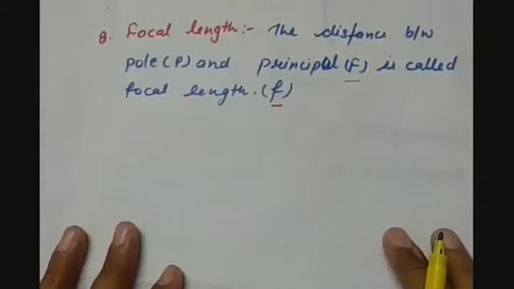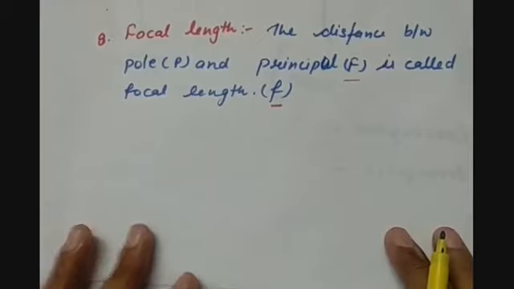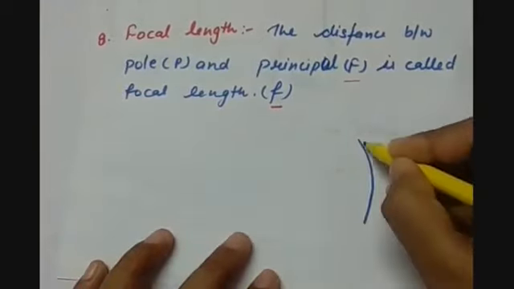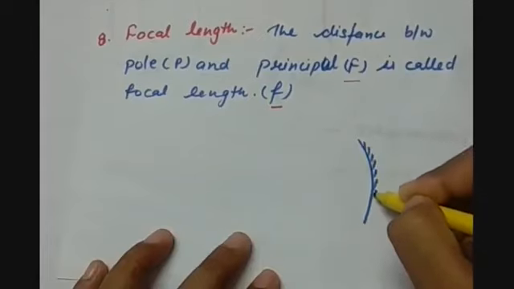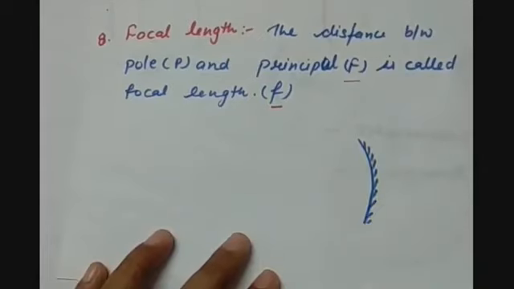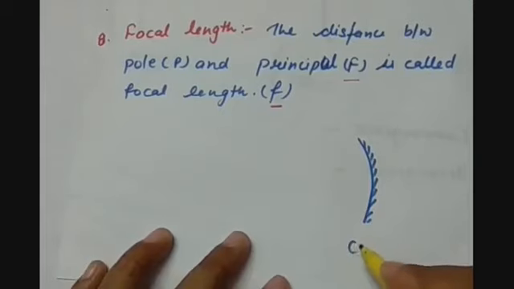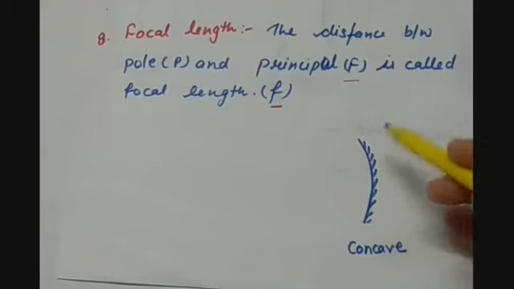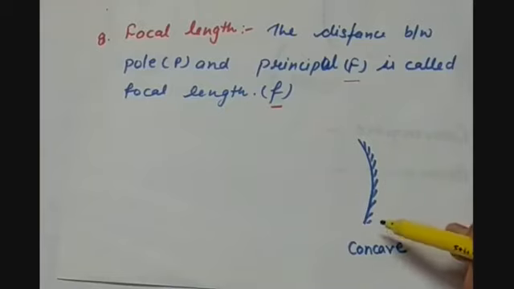We also have to understand one more thing. When you have a spherical mirror whose one side is a reflecting surface, let's say here I am taking a concave mirror, and you do not know the focal length of this curved surface, then how do we find the approximate focal length of a mirror?